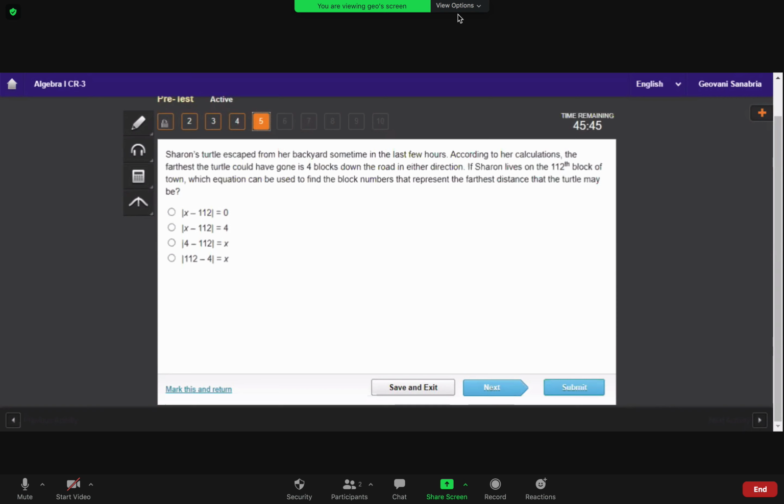Would it be the second one? Yeah, I think so. Because the turtle could have gone down the road 4 blocks in either direction.